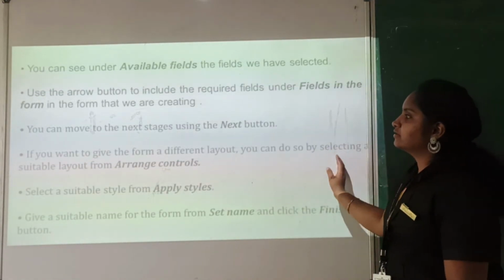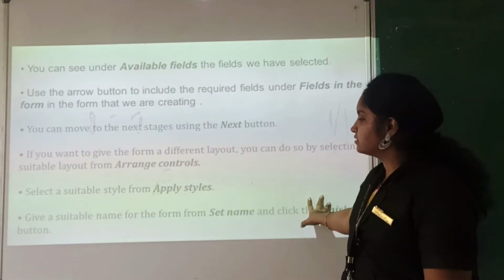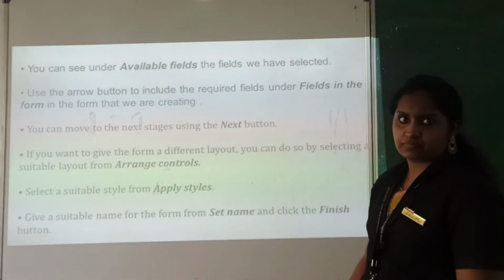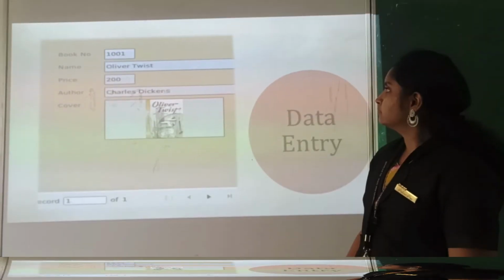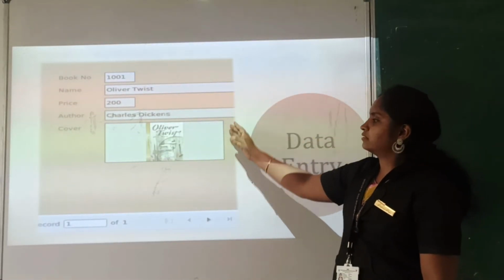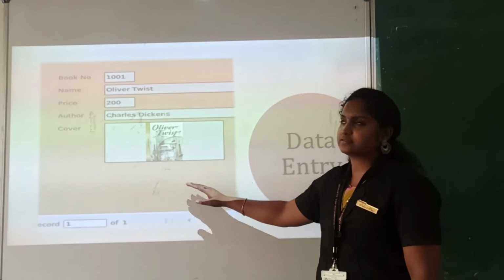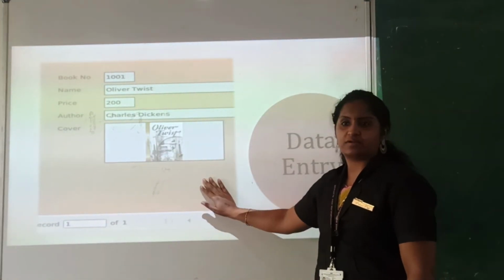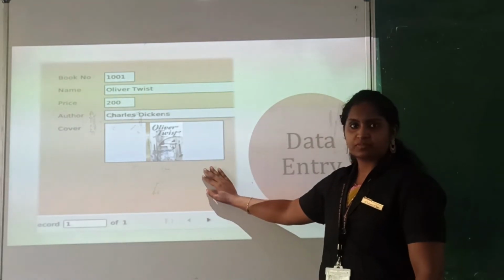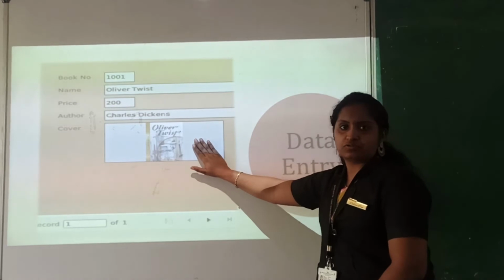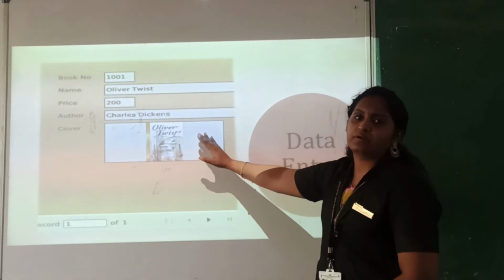You can select the available fields and the controls, and after that you can save the sections. After completing this, you will get a design like this. If you select this type of design, you will get the section here. If you have to include an image, you can use an image type field in the table creation.